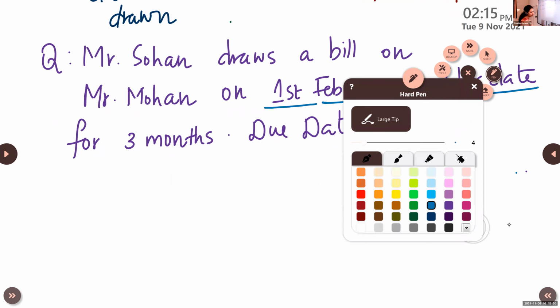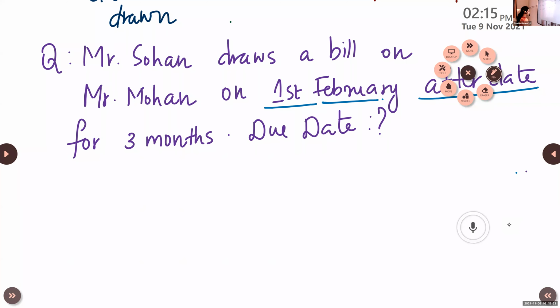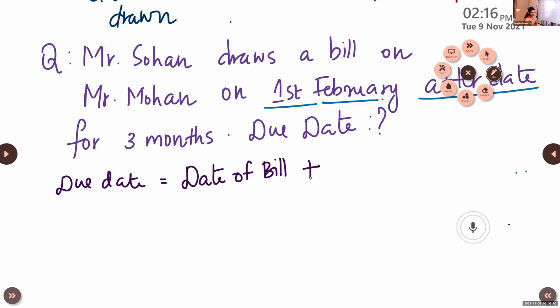So, what was that formula we have written? Due date is equal to, so here, which date is given to you? Date of bill is given. Date of bill. That is the date on which bill is drawn. Date of bill plus period of bill plus 3 days grace.